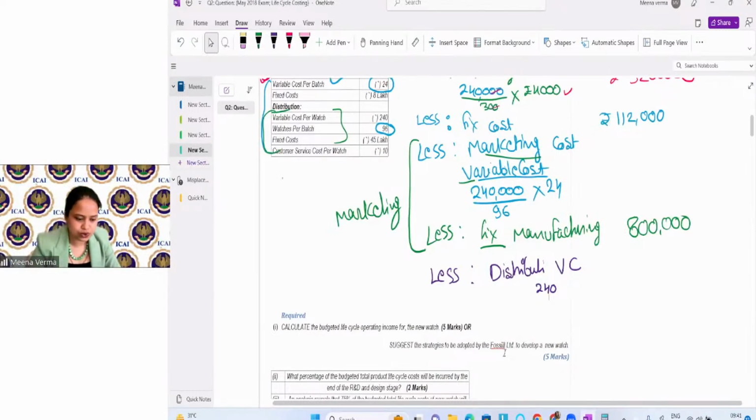Let's quickly come here and you can see they have just calculated it, right? Revenue minus research and development cost, manufacturing variable cost and fixed cost, and according to batches the cost, then marketing expenses batch cost and fixed cost, then distribution variable cost, fixed cost, and customer service cost. We have considered all these costs, right?